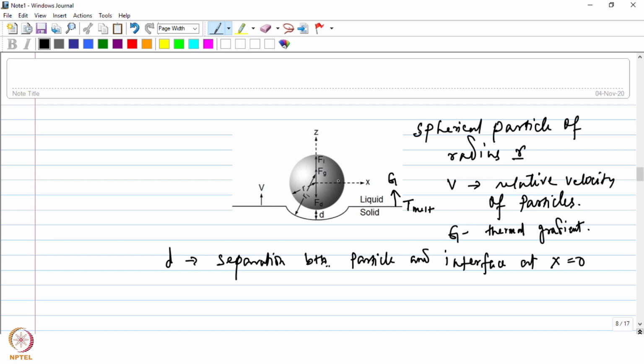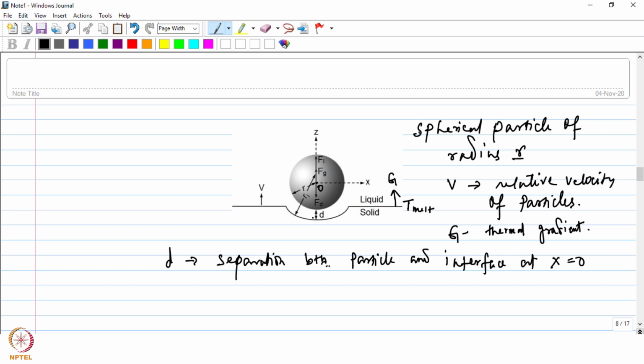So here is the x direction. So this point is x equal to 0. So d is the separation between the interface and the particle at x equal to 0. So that's what you see in this diagram also.